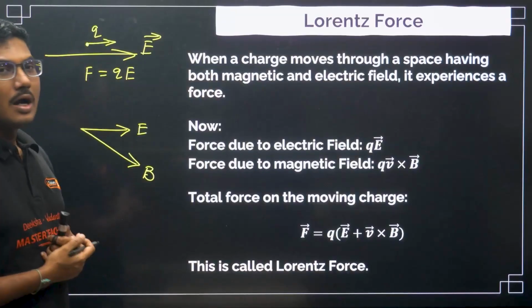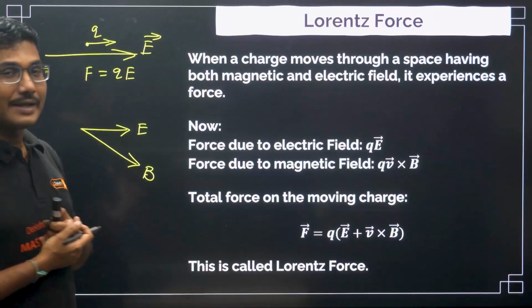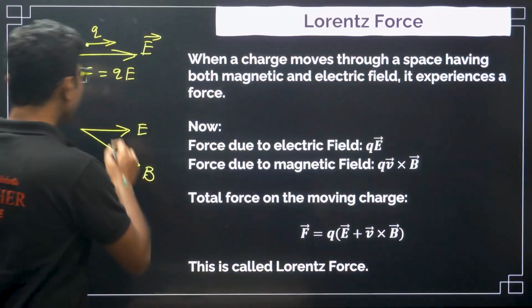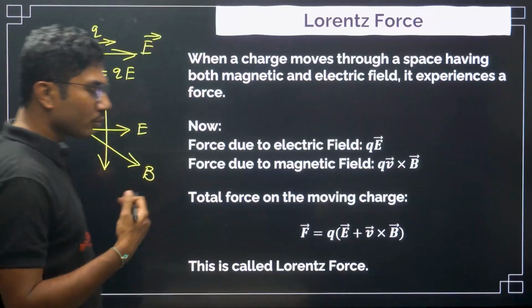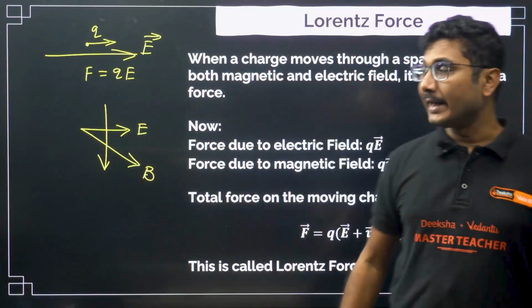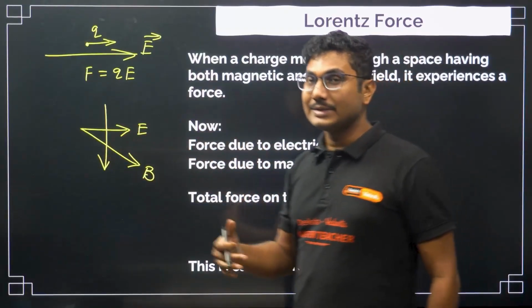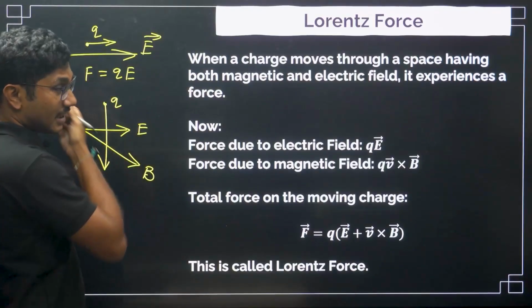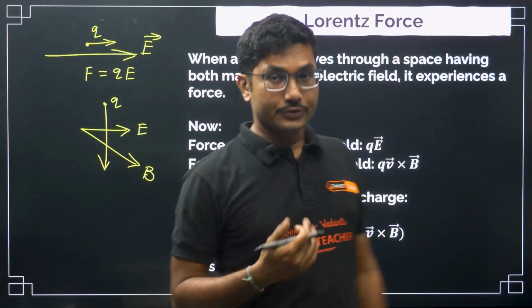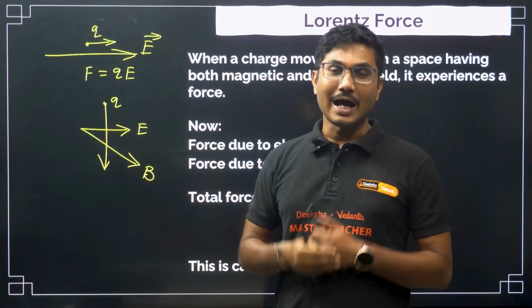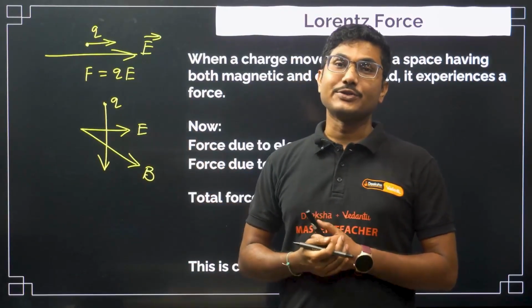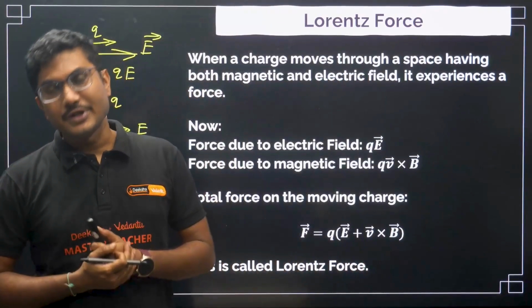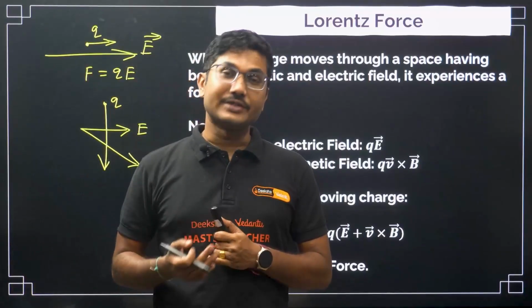So if both electric field and magnetic field are present, and you have some moving charge, then whatever is the total net force experienced by this charge is called the Lorentz force.